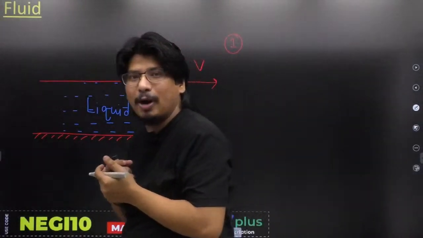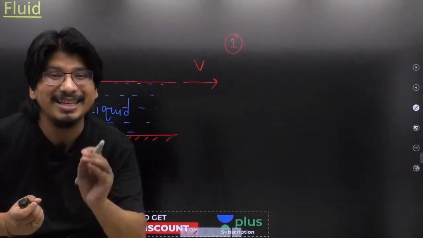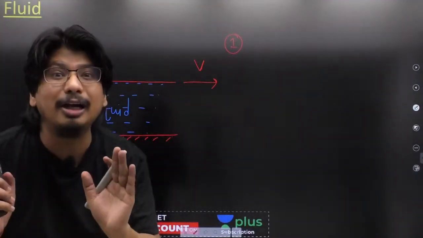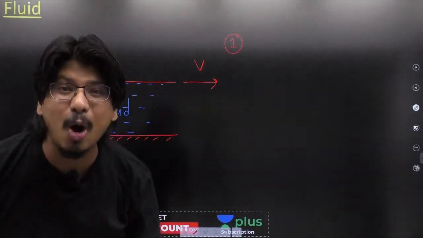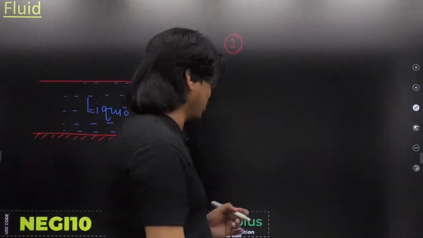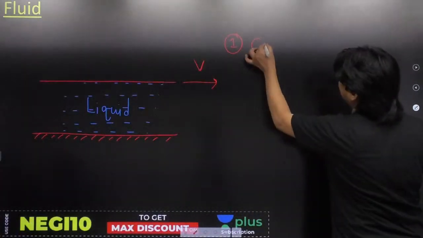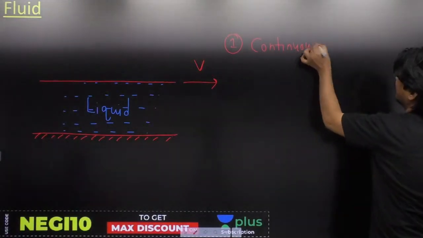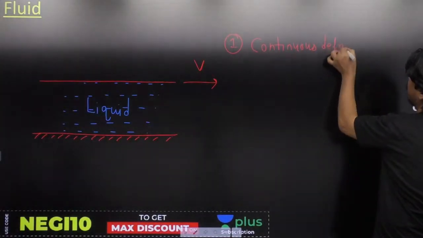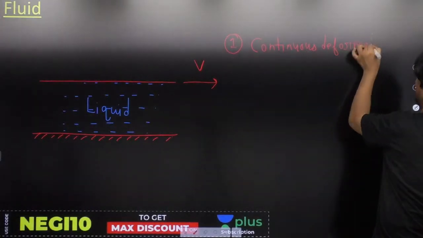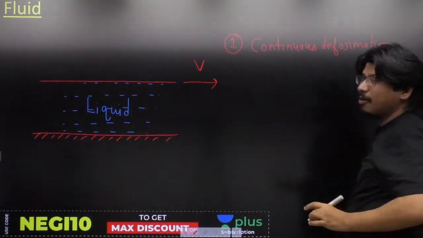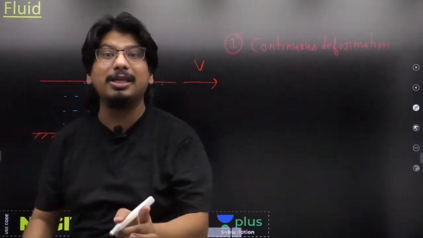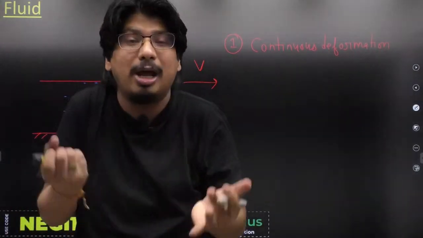Fluid undergoes what? Continuous deformation. Excellent. There is no doubt. If I am applying some external shear force, fluid will be undergoing continuous deformation, and it is known as flow.